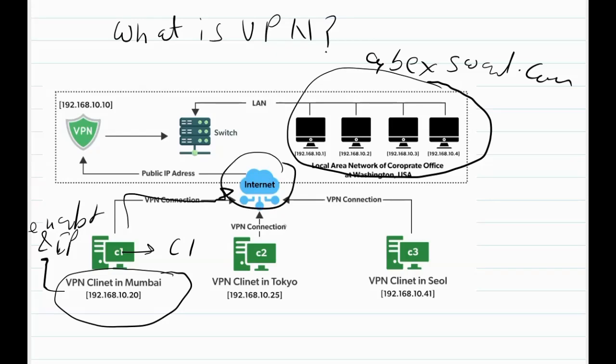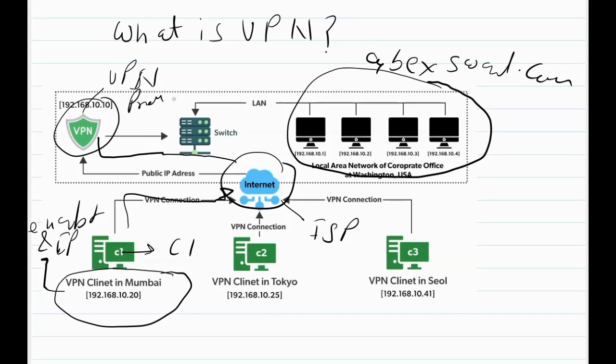ISP. Here is the ISP. This ISP forwards your request for the Cybex source to the VPN service provider. This is the VPN service provider. It forwards that request to the Cybex source network.